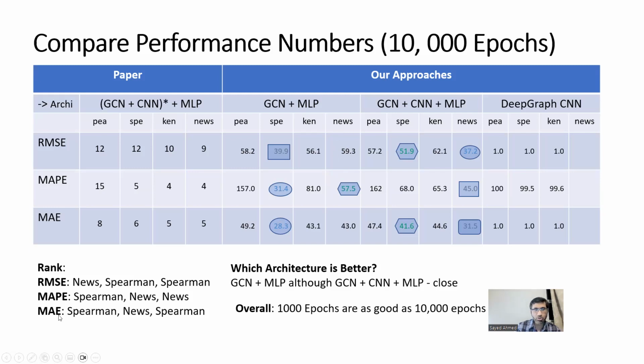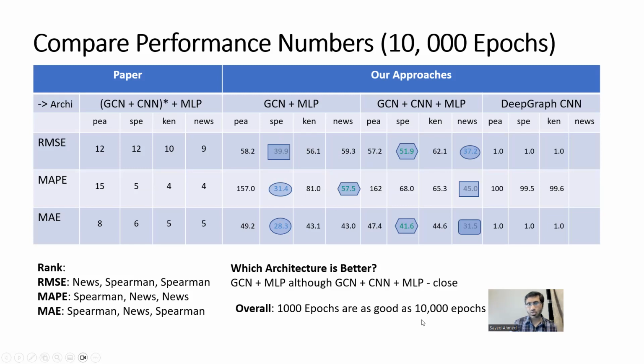For mean absolute error, again GCN, MLP, and then Spearman, GCN, CNN, MLP. Overall, we can see it's mixed up between news and Spearman and the different architectures. So overall, I might still say that GCN plus MLP might still be doing better.